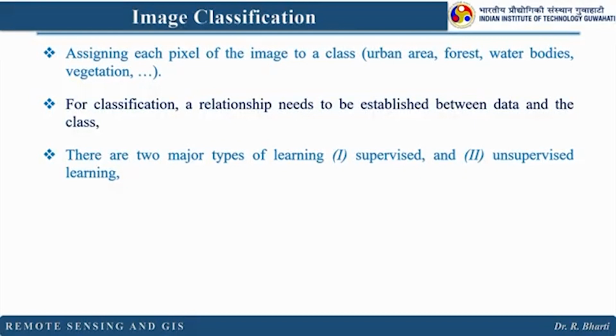If you use supervised, that means you will have an instructor, and in case of image classification an analyst is required to provide the data set. Data set means here we are referring to training data.